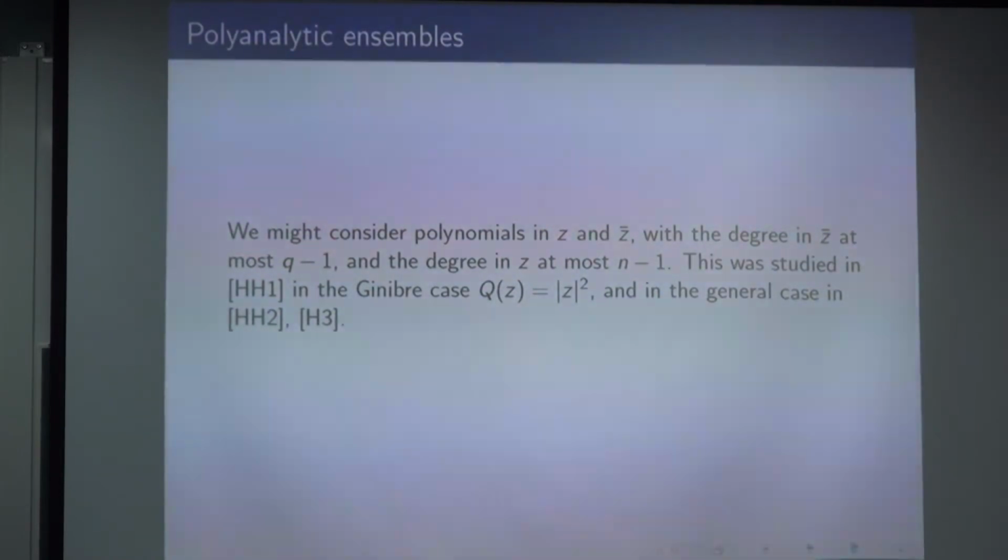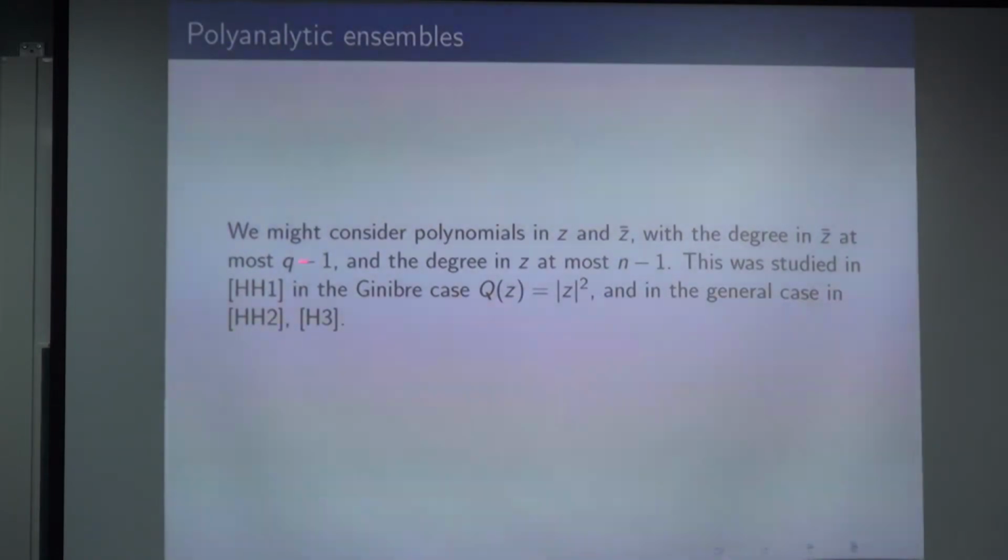Okay, just a word about polynomials in z and z bar. We discussed here only polynomials in z. But it is, however, possible to consider polynomials which depend both on z and z bar, where, for instance, the dependence on the complex conjugate of z is very low.